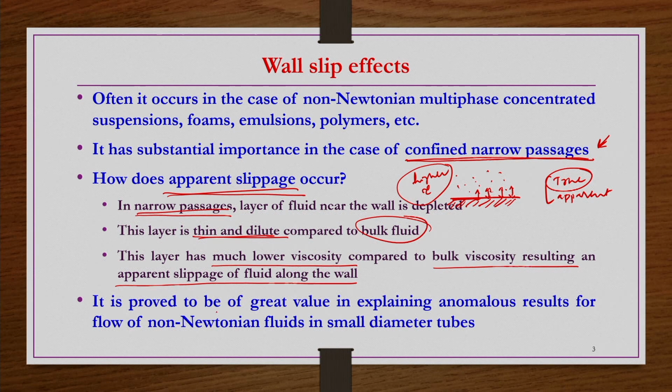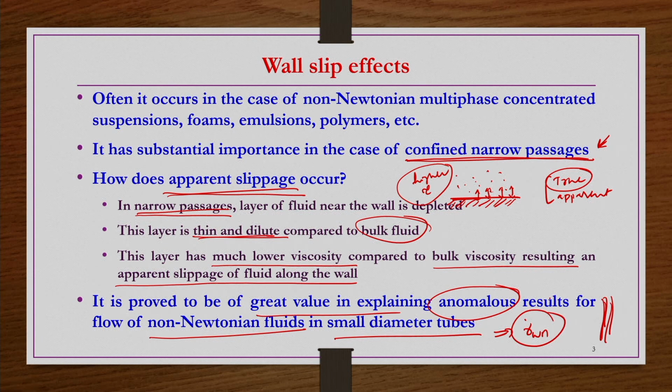And it has been proved that it is of great value in explaining anomalous results for the flow of non-Newtonian fluids in small diameter tubes. We are going to see an example as well. We do certain simplifications; the design equations we have developed previously for the case of shear rate, nominal shear rate, would be corrected, and new equations are used.